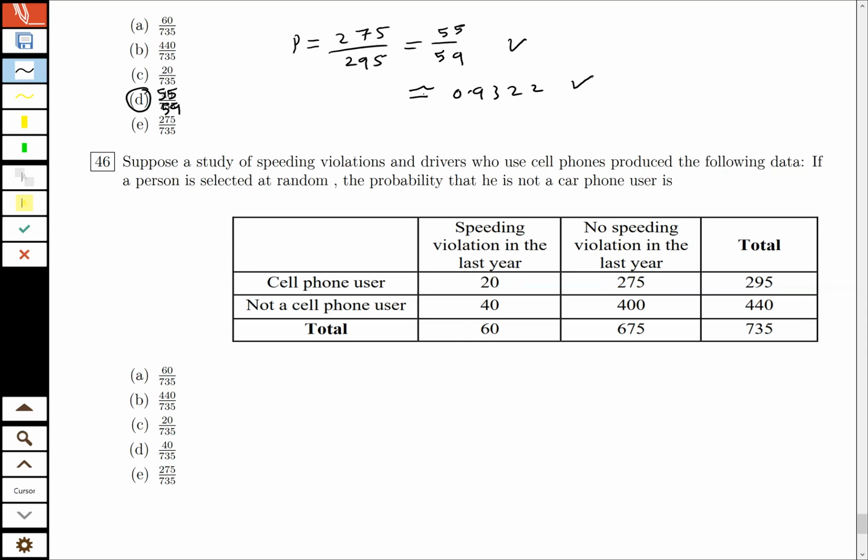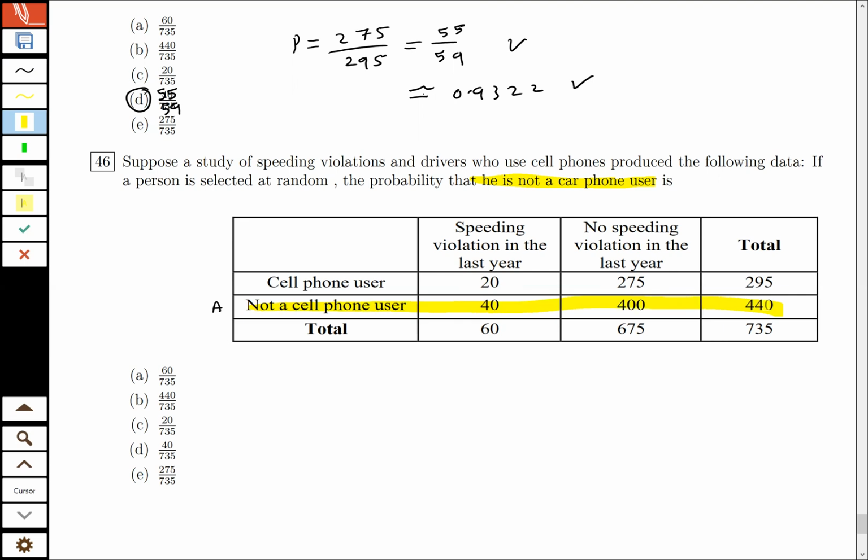Now, the last question we had in this review is what he wants. He said the probability that he is not a car phone user. Not means complement. So first, I need to know the complement of which event. If we call this one A, this is not a phone user.